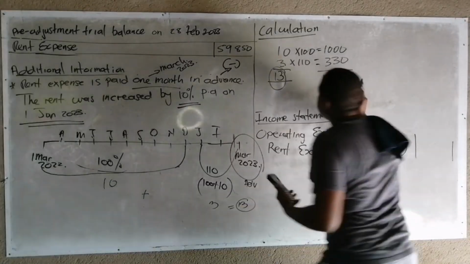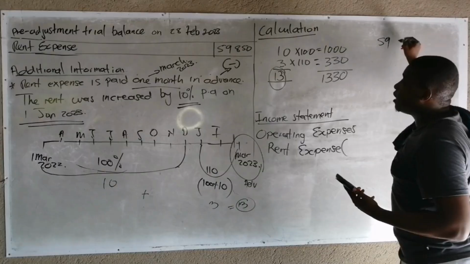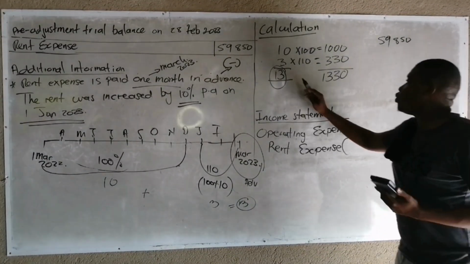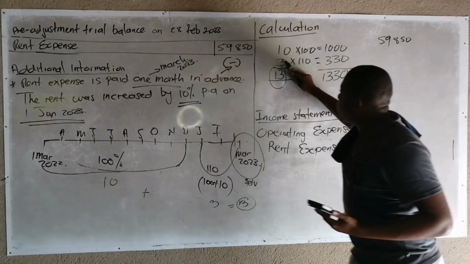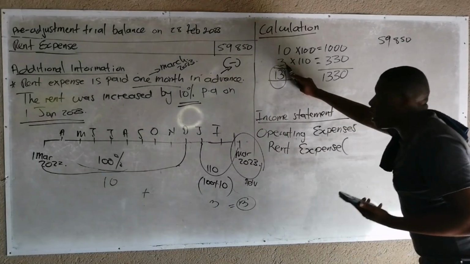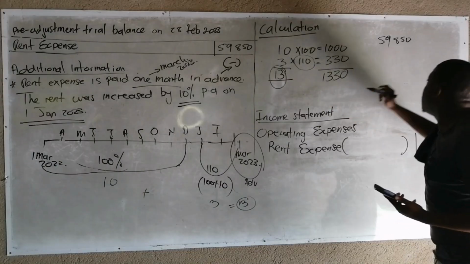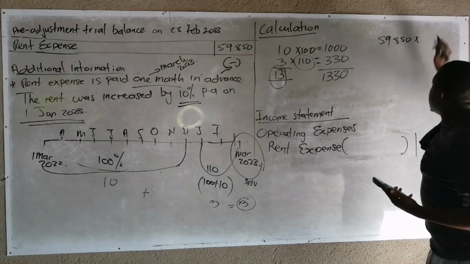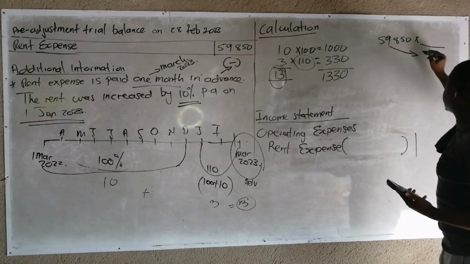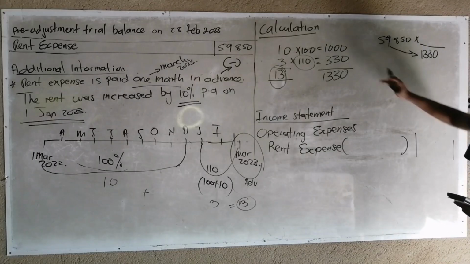All right, now guys, we will check this amount from the trial balance, which is 59,850. Since we saw that these 3 months, January, February, and March, are at 110%, don't forget that this amount is represented by the 1,330 which we have calculated here.